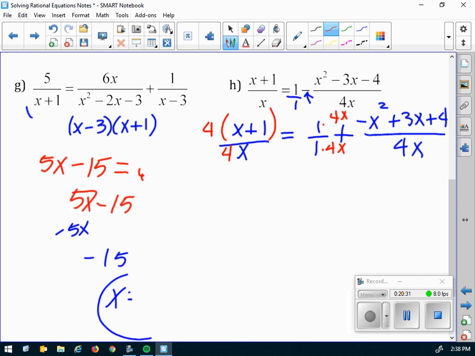I've got the same denominator. What do I do? Well, what do I worry about? Make what equal each other? The numerators. All right, here we go.